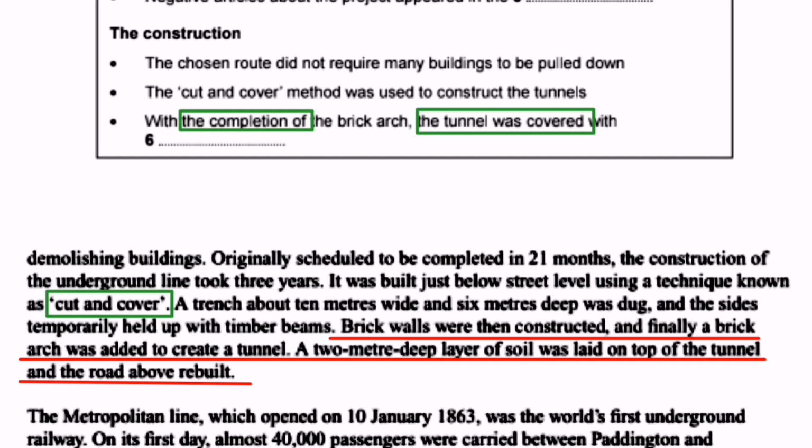This is the key sentence. A 2 meters deep layer of soil was laid on the top of the tunnel. It means a 2-meter deep layer of soil covered the tunnel. And the question number 6 is the tunnel was covered. So the tunnel was covered with soil. So soil is the right answer for the question number 6. With the completion of the brick arch, the tunnel was covered with soil.